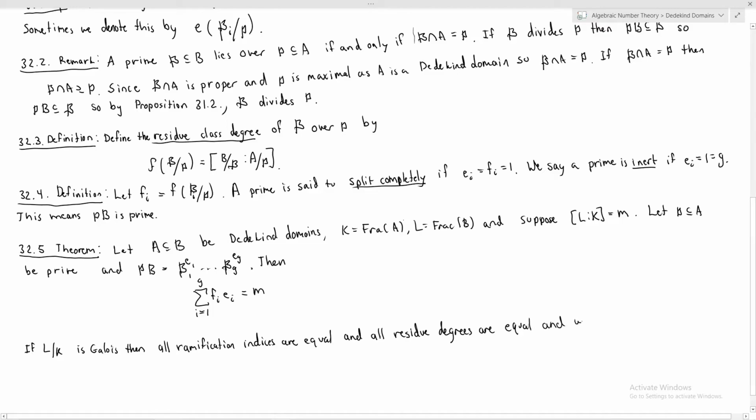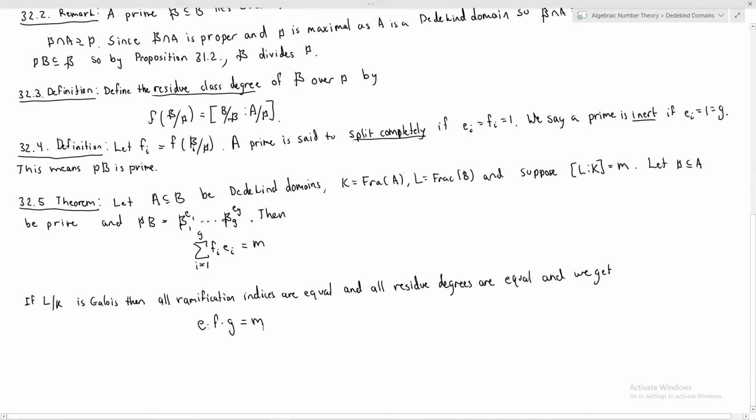And we get basically this formula here turns into E times F times G equals m, where E is the common value of all the ramification indices, and F is the common value of all the residue degrees. Okay, and so this is why it's called the EFG theorem. It gives us this relationship between the E's, the F's, and the G's.